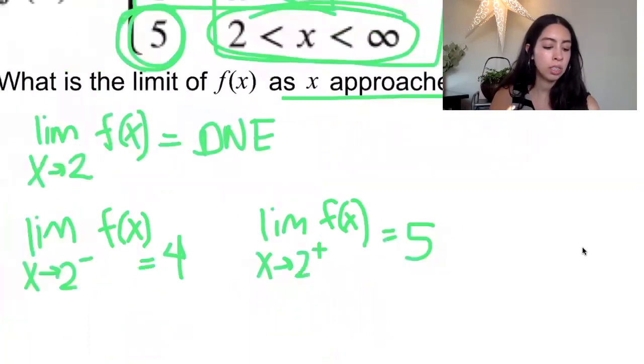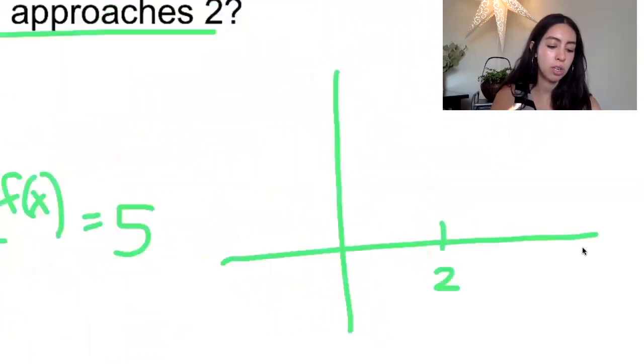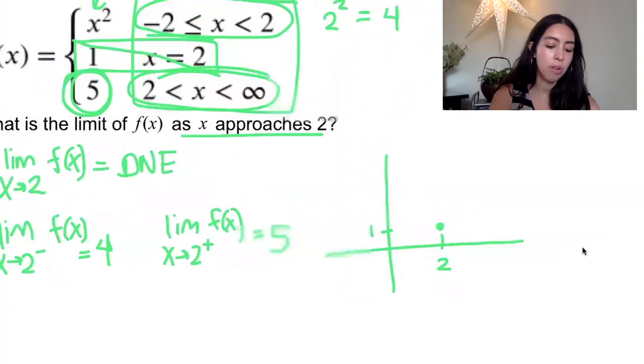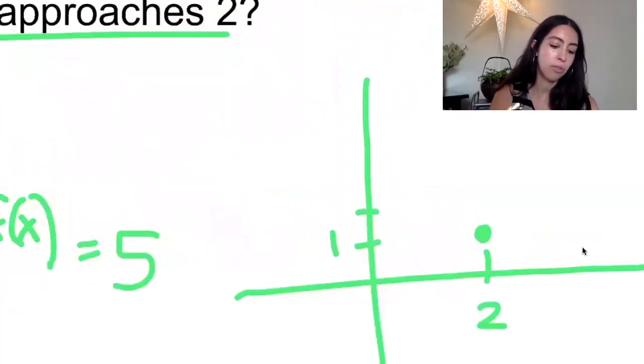And if you need a little guidance in visualizing this, we can do a quick little sketch here. So we've got the point 1, 2, and then we have x squared for all the values to the left, 2, 4, all the way from -2, looks something like this.